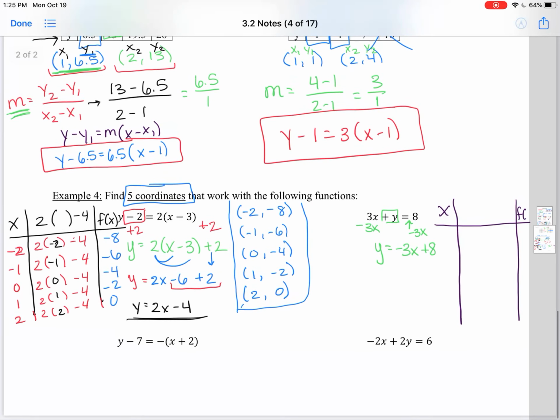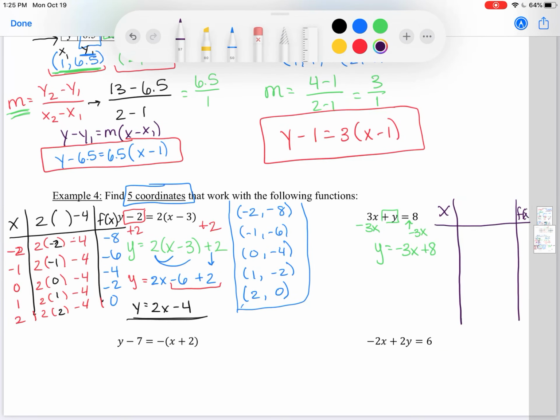And now I can make my H chart. Oopsie. My H chart. And let me go down here. There we go. F of x. All right. And then your work section has negative 3, parentheses, plus 8.